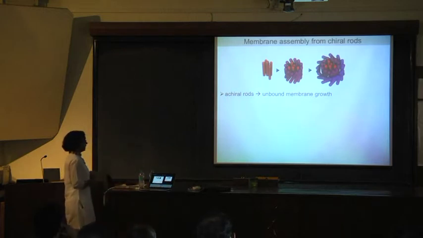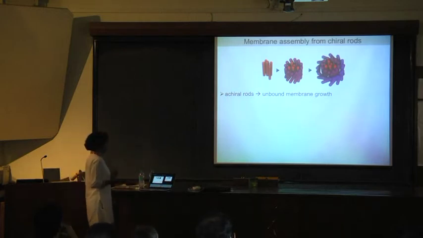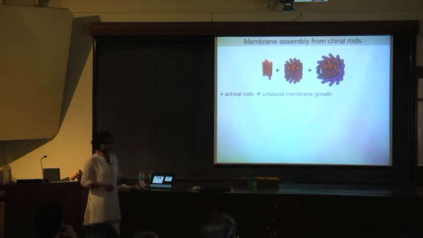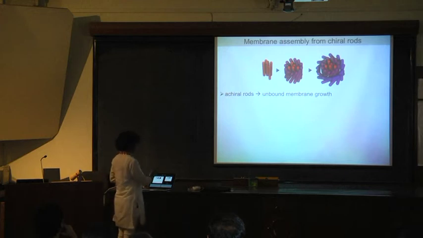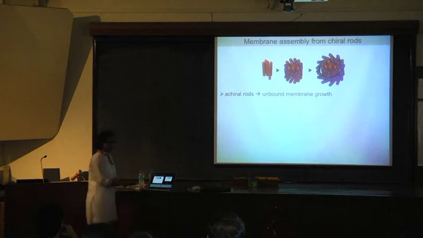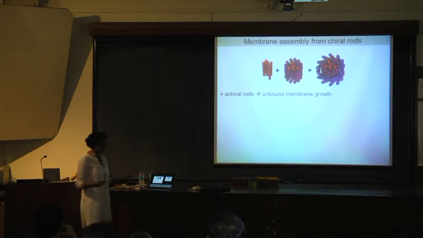So the fact that the rods are chiral lets me into trouble, in the sense that the tendency of the rods to twist is incompatible with the formation of large monolayers, meaning the next layer would turn even more, and instead of getting a flat sheet you would get a twisted ribbon.